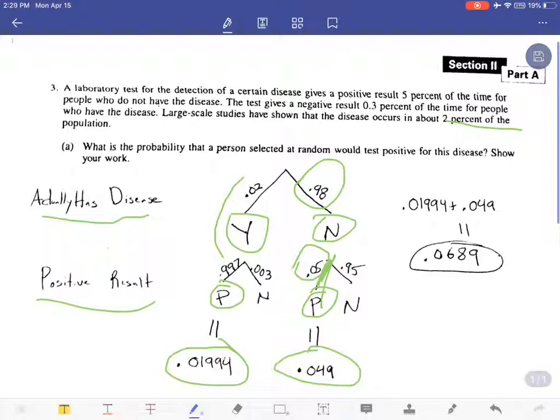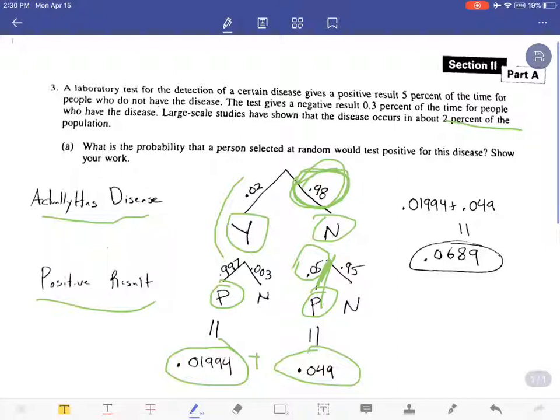Now, if you look here, if you test positive, you're more likely to not actually have the disease, because you're dealing with so many more people that don't have the disease. That's why that number is going to be higher. Okay? So again, the question is asking, what's the probability that a randomly selected person would test positive? So what we're going to do is add both of these numbers together.